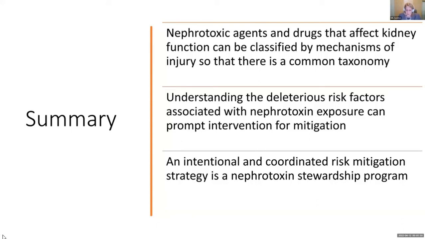So if you really want to be proactive about preventing acute kidney injury from an institutional perspective, developing an aggressive nephrotoxin stewardship program could be of benefit in doing so. So that is overall my discussion for today with regards to classifying and thinking about nephrotoxins.